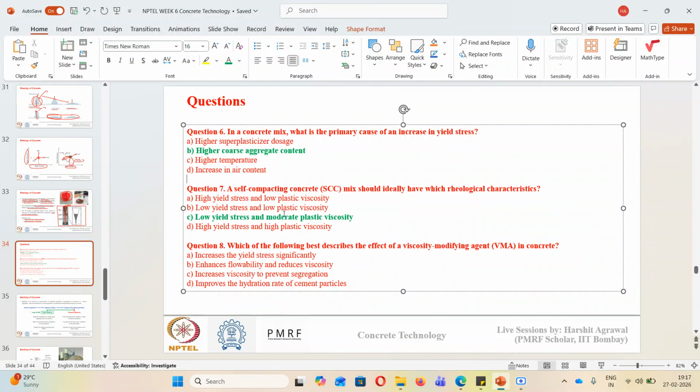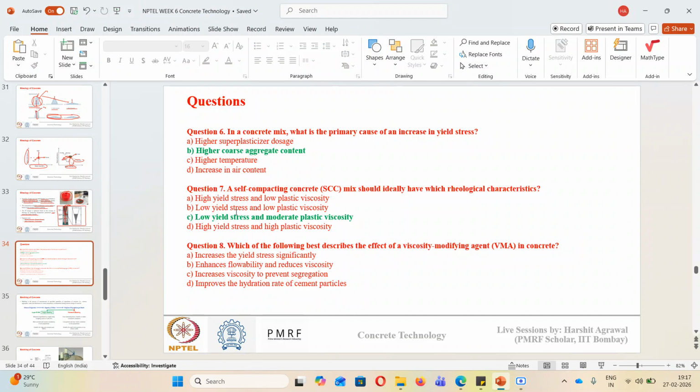Why? Because it should be able to maintain cohesion and prevent segregation. Higher fluidity doesn't mean that there can be segregation in the system. Cement and aggregate should flow together, and for that we need a moderate plastic viscosity where cohesion is maintained and there is no segregation in the system.